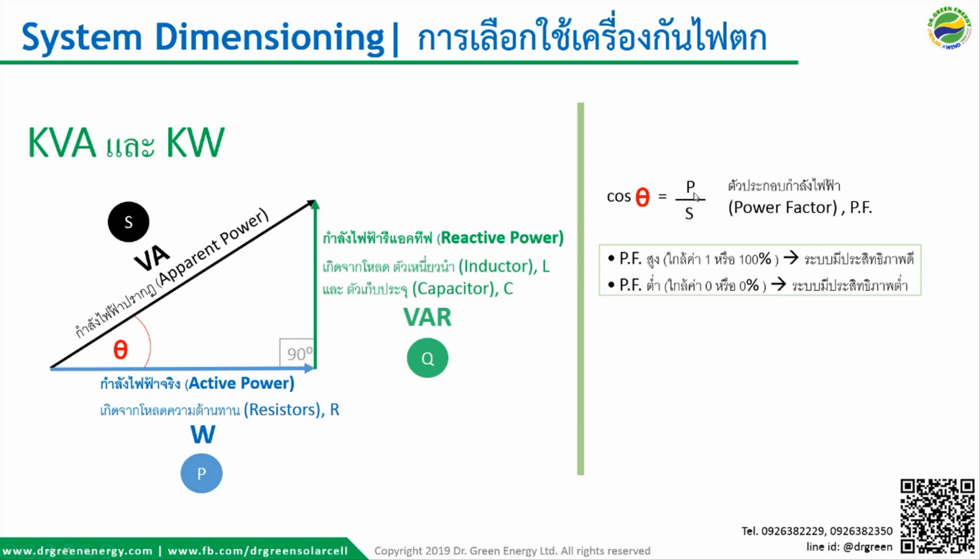Or the apparent power multiplied by power factor. Alright? So the wattage is equal to VA times power factor. This is the simple way that we will use in the next slide.